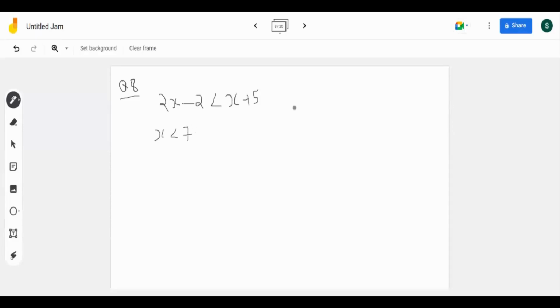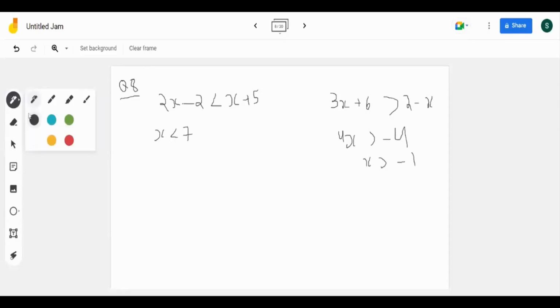For our second inequality, we can open the bracket: 3 times x plus 2 gives me 3x plus 6, and this is greater than 2 minus x. So all we need to do is add x and subtract 6. So this becomes 4x greater than minus 4, so x greater than minus 1.